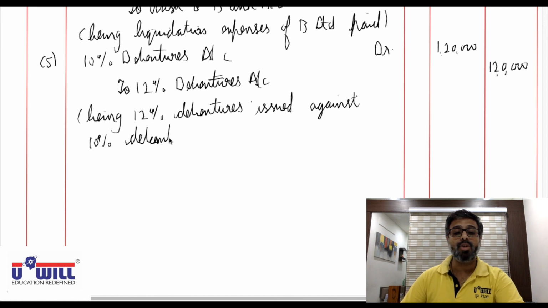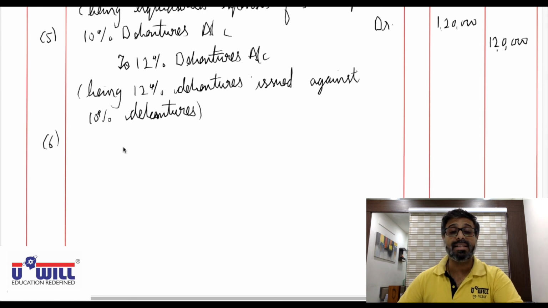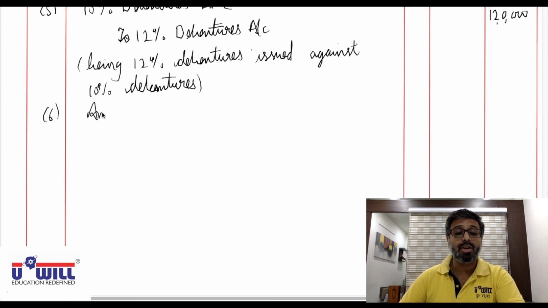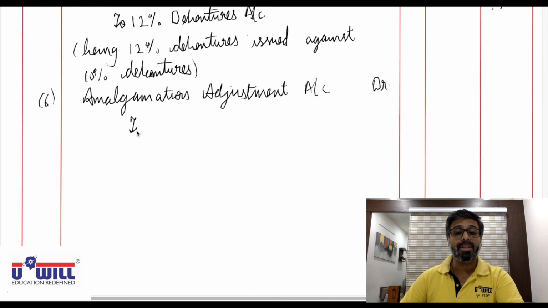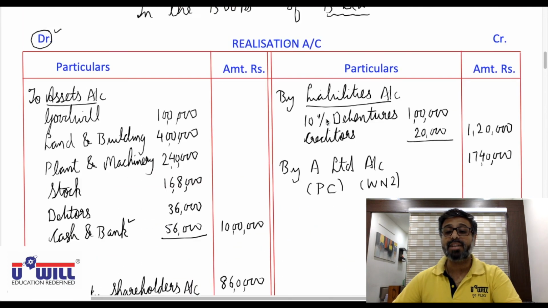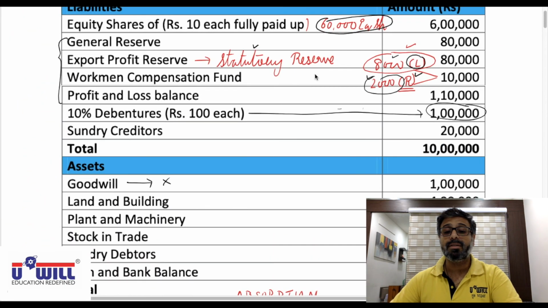And are the entries over? No. We have to pass a separate entry for the statutory reserve. Don't forget that. Amalgamation adjustment account debit to statutory reserve account. And what amount? See the statutory reserve, export profit reserve 80,000.